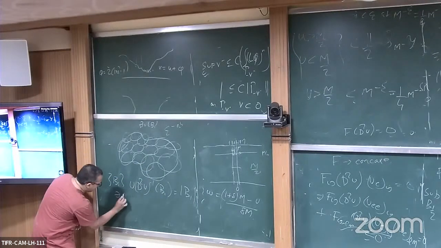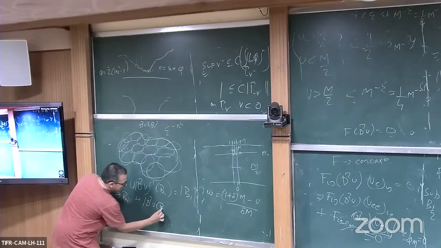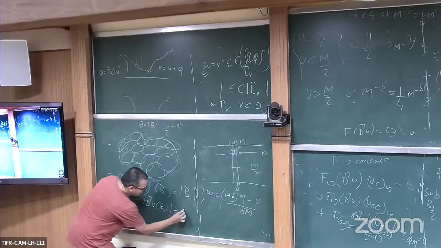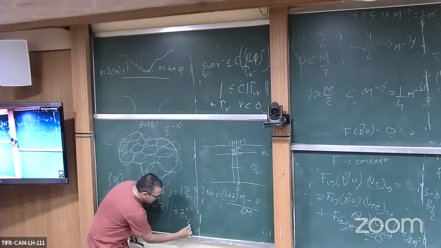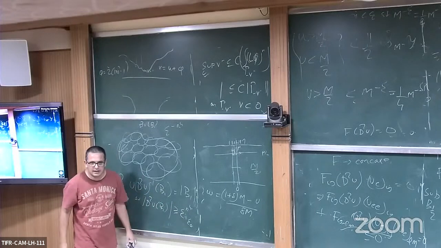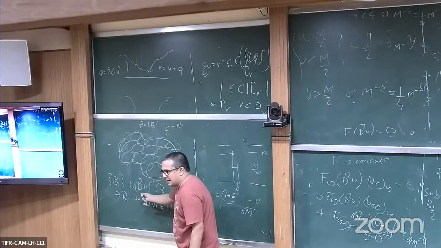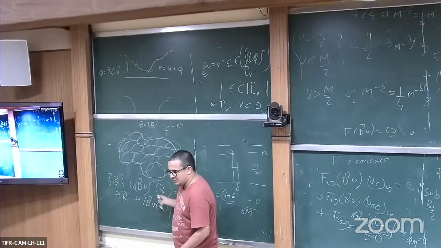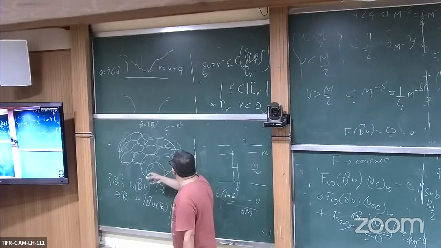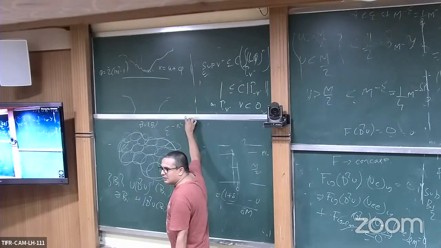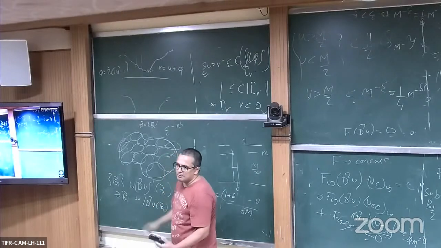So there exists some B i such that the measure of the pre-image of B i under D square u is bigger than or equal to epsilon to the minus n to the 4. Let me call it epsilon naught. Clear? Why? Because if all these measures are small, then by the countable subadditivity of these inverse images, the whole measure would be less than 1. Because the number of balls is only epsilon to the minus n to the 4. If all the measures are smaller than this, then I cannot sum up to the measure of D1.